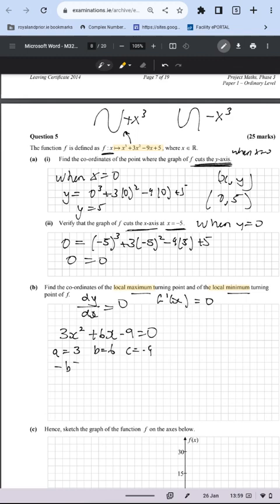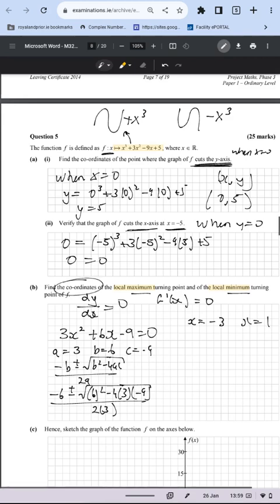Throw it into your formula. And write out your ABCs. And when you do that, you'll get two answers for your x. You get x to be minus 3 and x equal to 1.